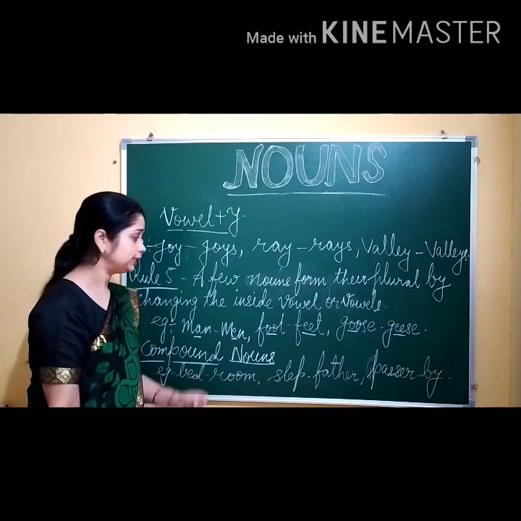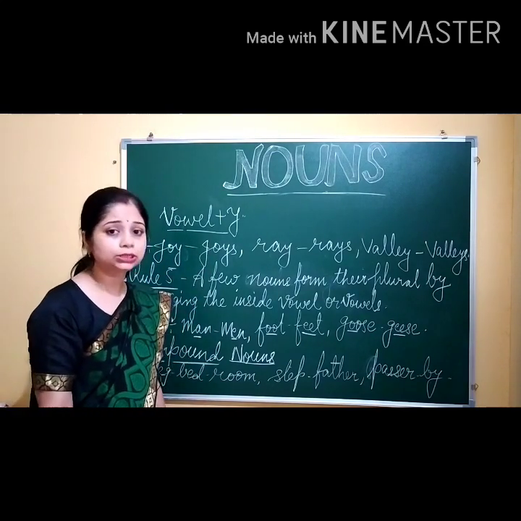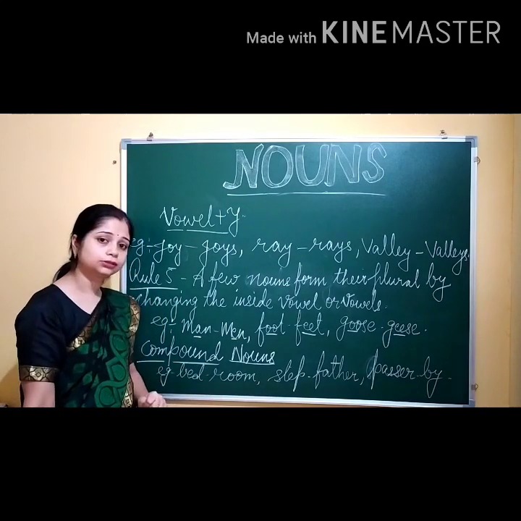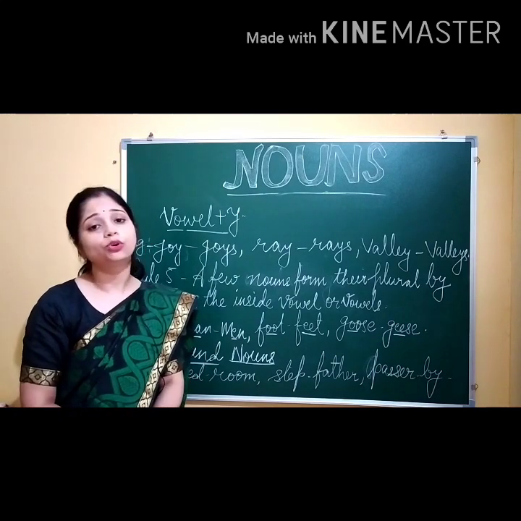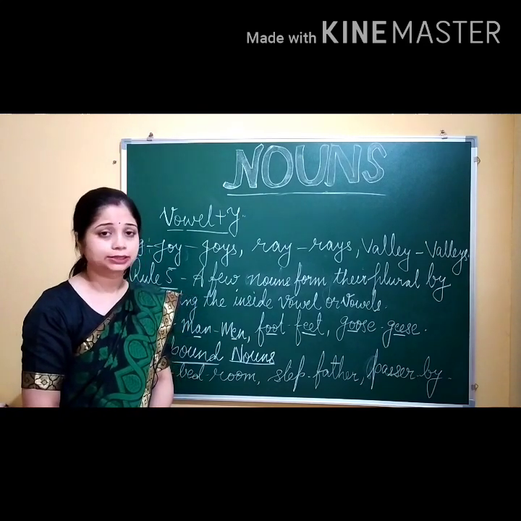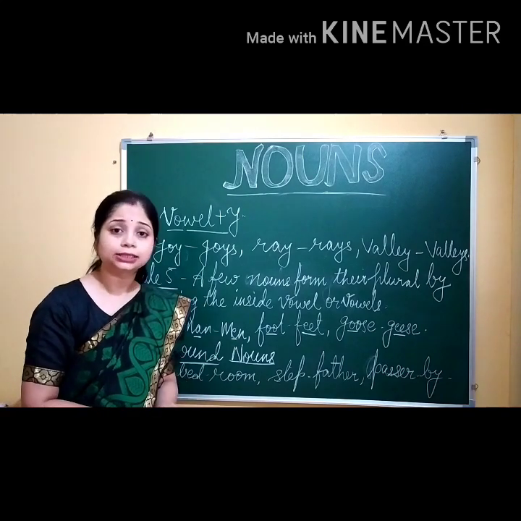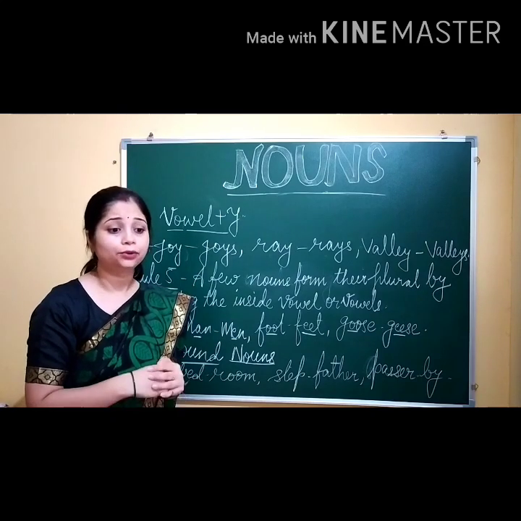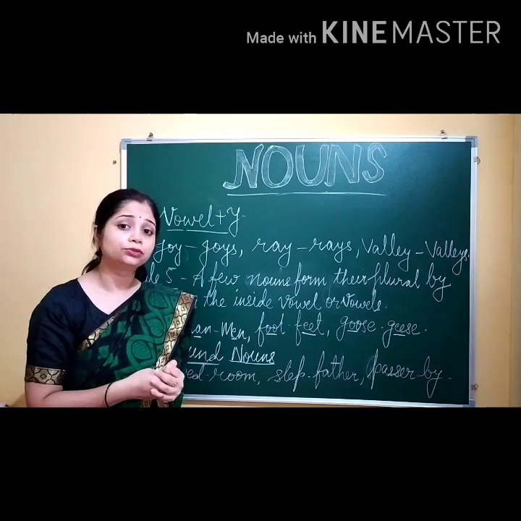Now, these are the 5 rules. Before we discuss rule 6, let's get clear with the concept of compound nouns. Compound nouns are the nouns which are formed by adding 2 or more words. For example, bed is a noun, room is a noun, but when we add bed and room together, it forms a completely new word, that is bedroom.